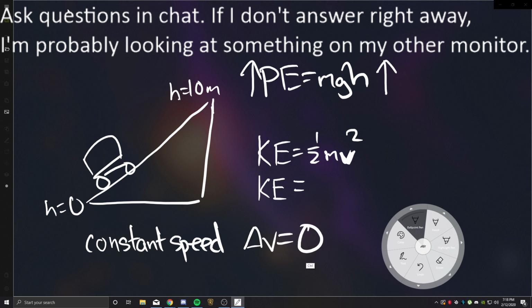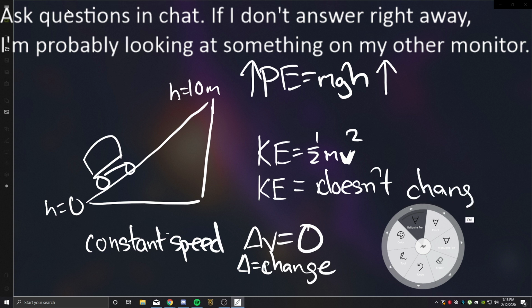I have no change in velocity, and this delta means change, by the way. If your velocity doesn't change, your kinetic energy doesn't change either, because it's traveling at a constant speed.